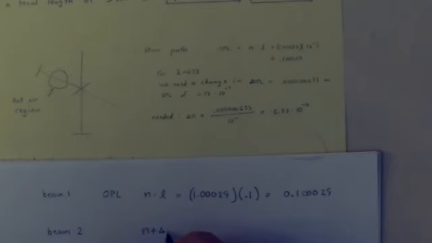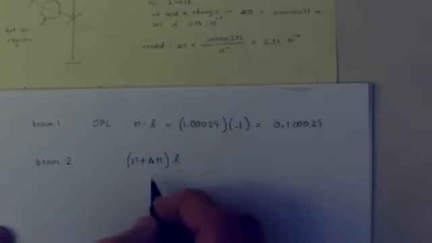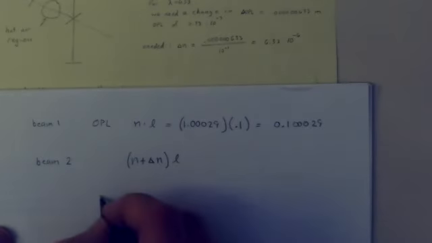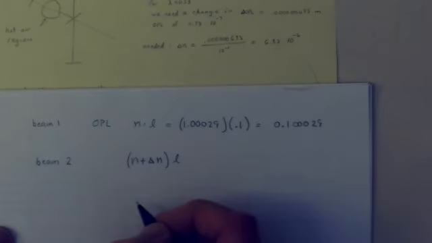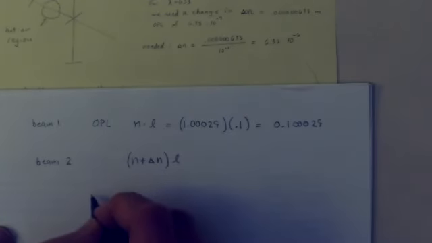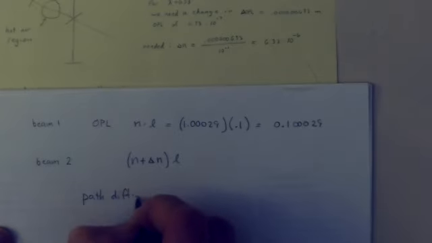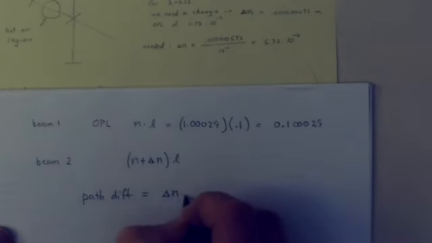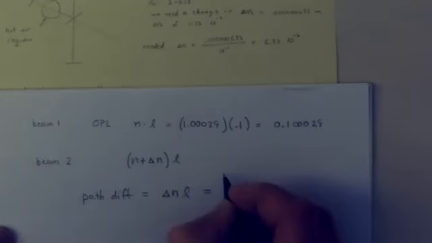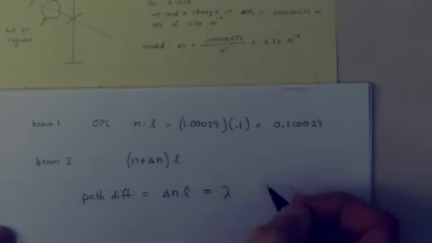This would be n plus delta n times L. If we look for the difference between these two, okay, so the path difference is just going to be delta n times L, and I want that to equal lambda.